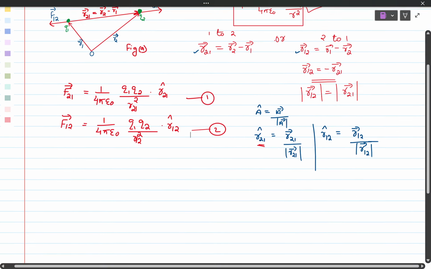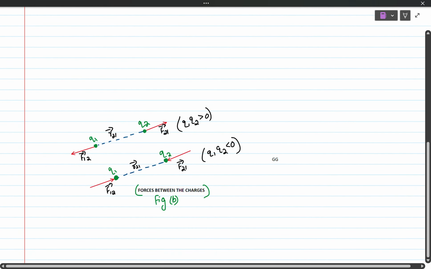So let's see one more figure. Here you can see in figure B the first one, Q1 and Q2 are represented. Here the product of charges Q1 and Q2 is greater than 0, which means these are like charges. Both can be positive or both can be negative. Then the product will be greater than 0. In that case, the force between the two charges will be repulsive. You can see F12 and F21 are in opposite directions.